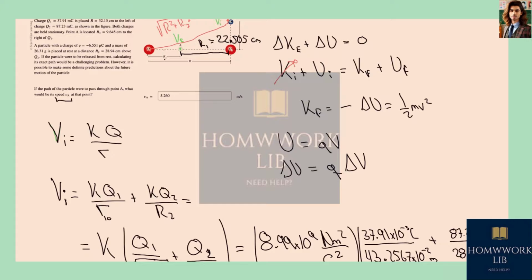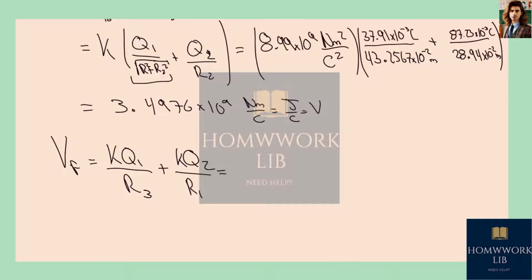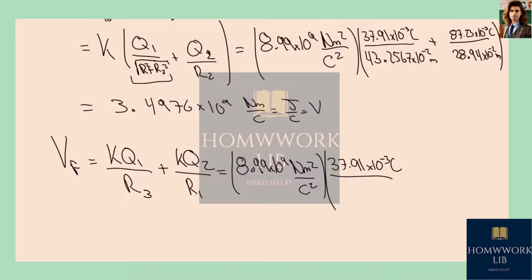Okay, so with this, now becomes, let's factorize again the Coulomb constant, 8.99 times 10 to the 9 Newton meter squared per Coulomb squared, times Q1, which is 37.91 times 10 to the minus 3 coulombs due to the milli being in front of it, divided by R3, that is 9.645 centimeters, which corresponds to 10 to the minus 2 meters, plus 87.23 times 10 to the minus 3 coulombs divided by the distance of R1 that we set, that was equal to 22.505 times 10 to the minus 2 meters.